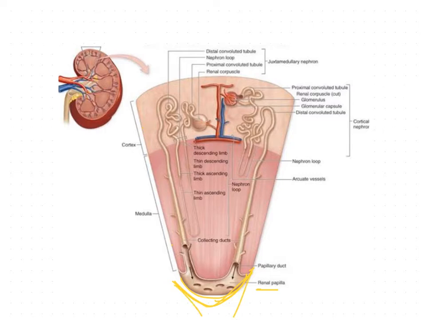On the tips of each papilla there are 12 to 80 openings of the collecting ducts. Here you can see the small openings, through which the urine comes out from the pyramids, enters into the minor calyx, and later enters into the major calyx and then to the ureter.